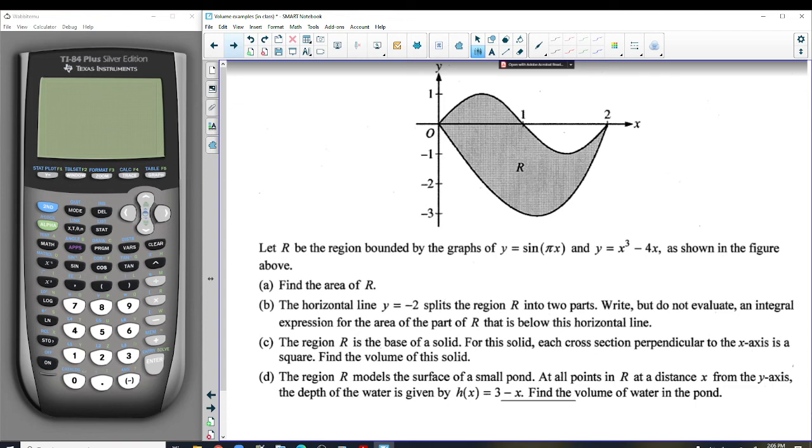If we don't know where the first x value is at, I guess it should still apply. Oh, you do it where it intersects at -2. Right? So we're subtracting.